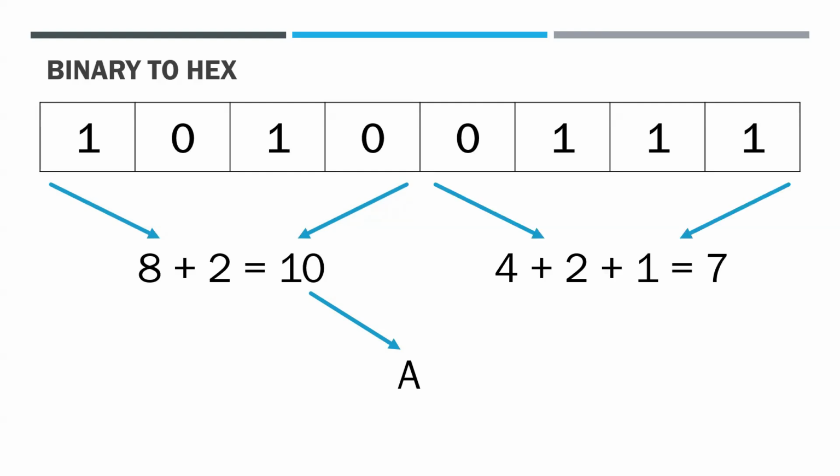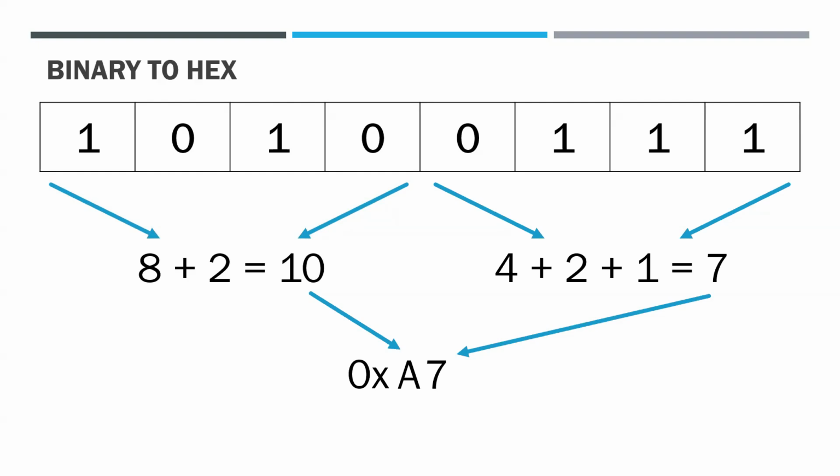That's a 7, right? 4 plus 2 plus 1, okay? And in hex, 7 is 7, right? It's just the number. Okay, so we only start using the letters when we get to 10 and above. All right, so instead of 1010, 0111, we can represent this byte as A7 in hex.